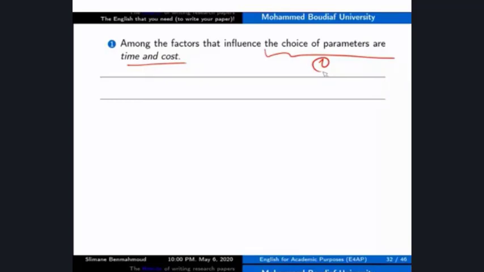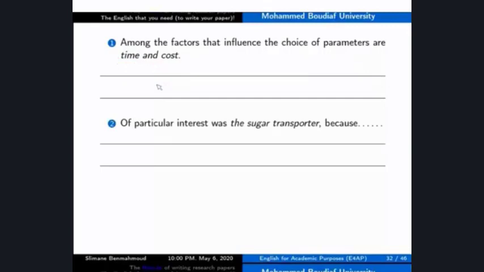Let's read it again. Among the factors that influence the choice of parameters are time and cost. We say time and cost are among the factors that influence the choice of parameters. Okay. Of particular interest was the sugar transporter, because we say the sugar transporter was of particular interest.